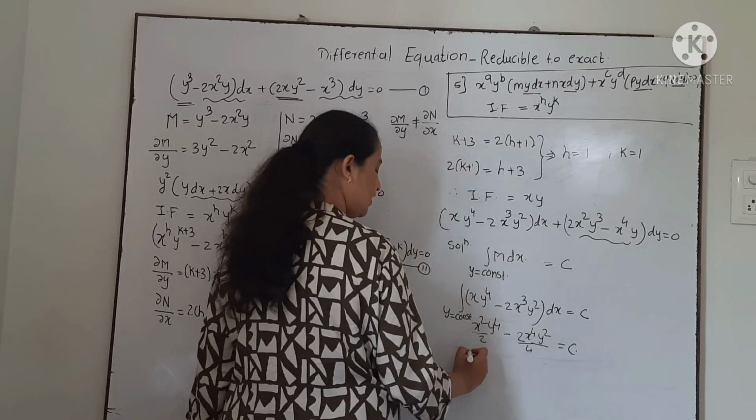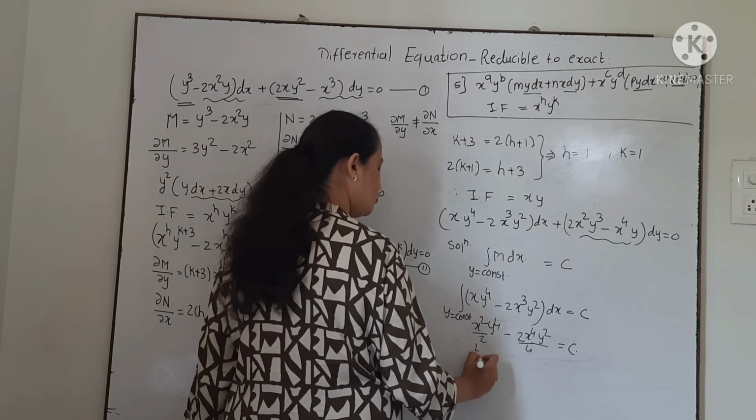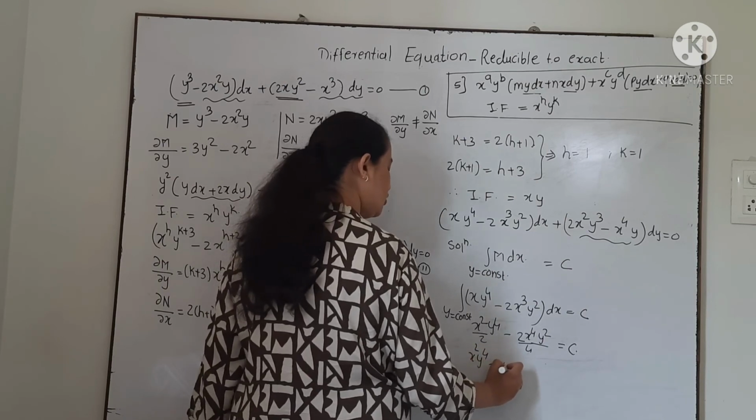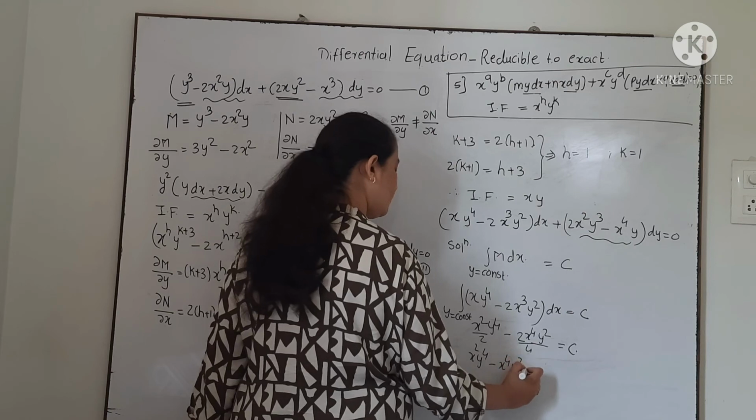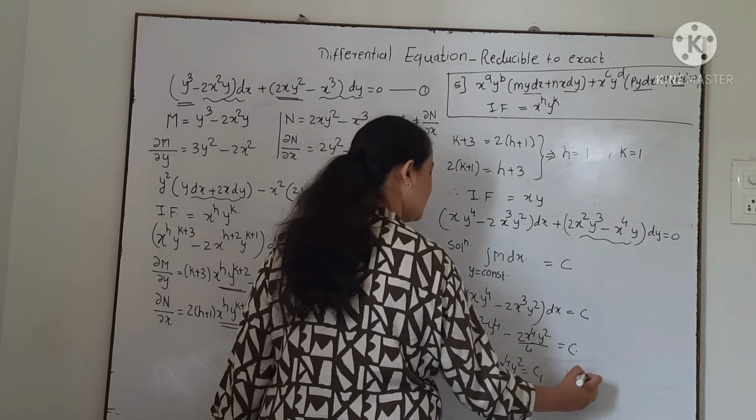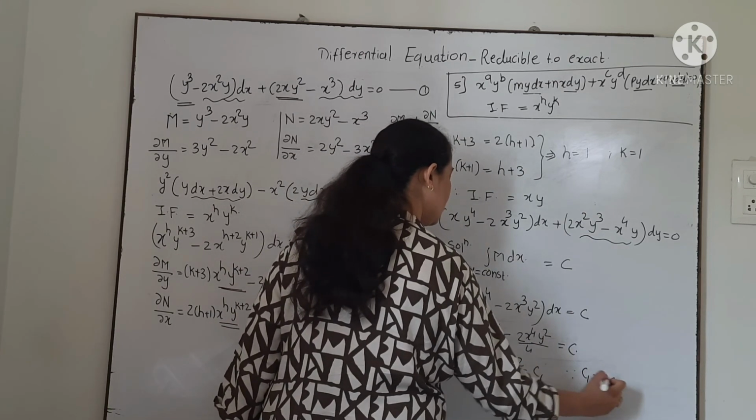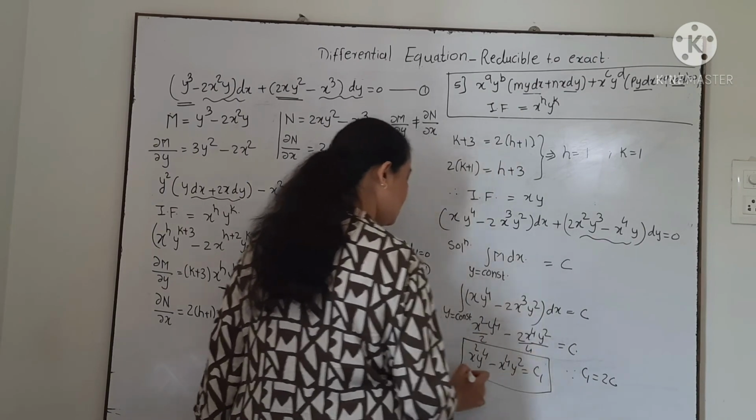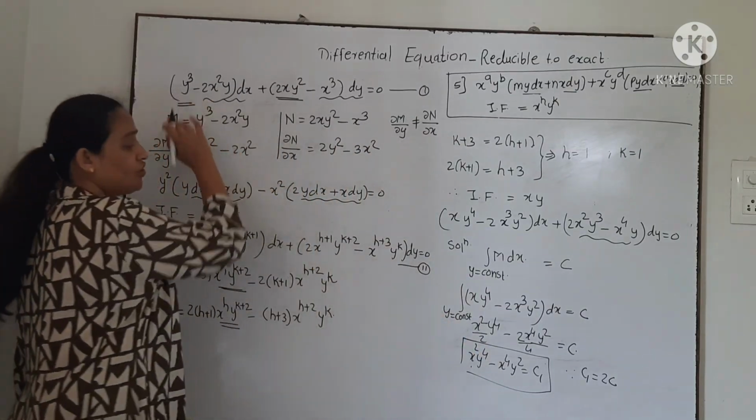So the same equation can be written as x square y raised to 4 minus x raised to 4 y square equal to say c1, where c1 is equal to 2c. And this is the final solution for this differential equation.